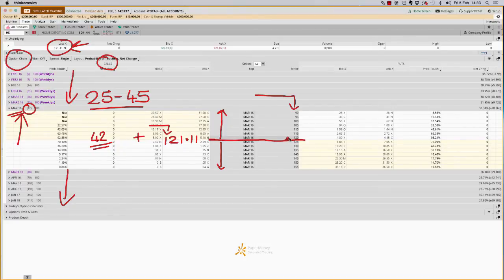So if we were looking at the $120 strike price, if we agree to purchase stock at $120, at expiration we would get stock at $120. We would own it at $120. But we've also got the additional value right now of $1.11. So it's got the duration, the time, and the additional stock value.